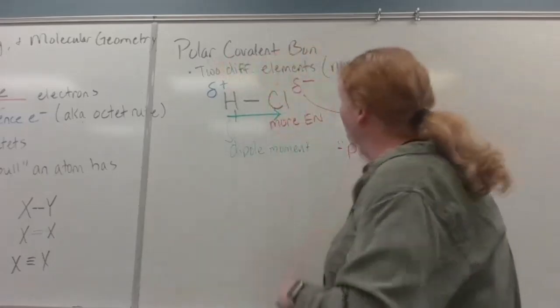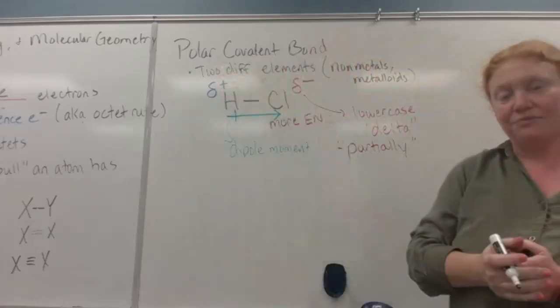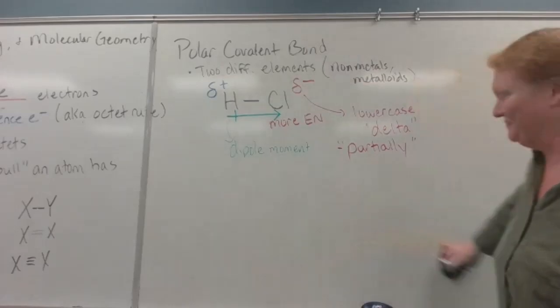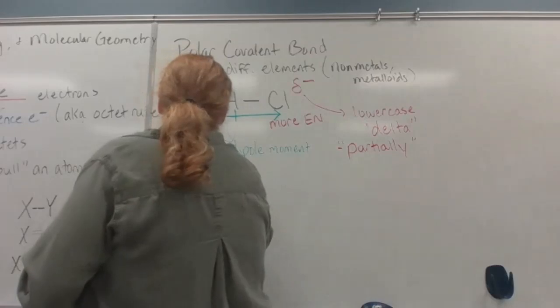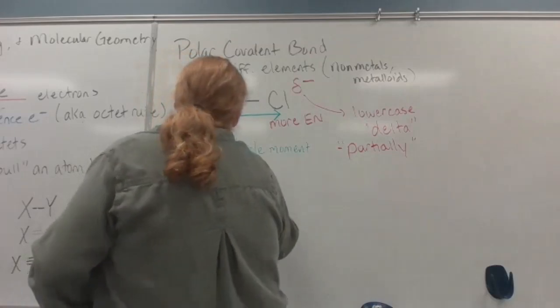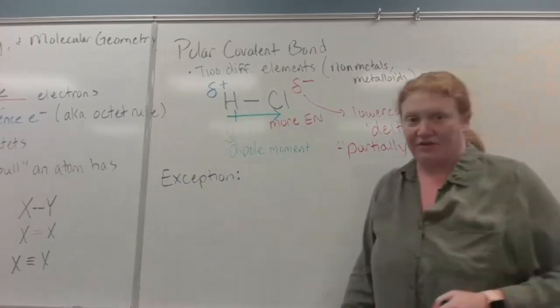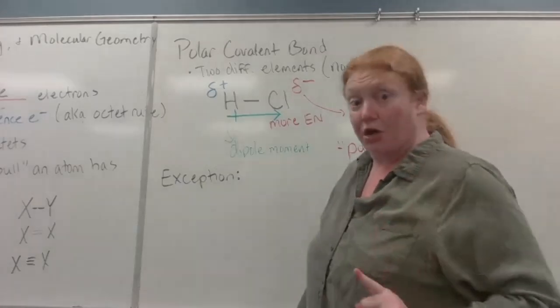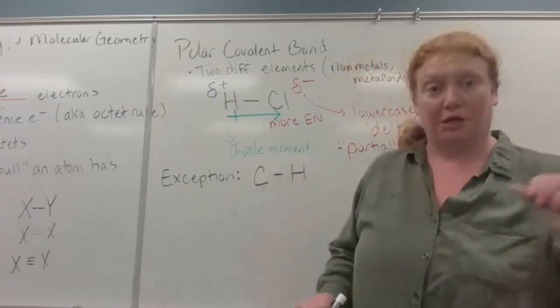You should expect to have a polar covalent bond when you have 2 different elements bonded together, with an exception. And there could be other exceptions based on really looking at electronegativity values, but here's the main exception you had better know. A carbon-hydrogen bond.